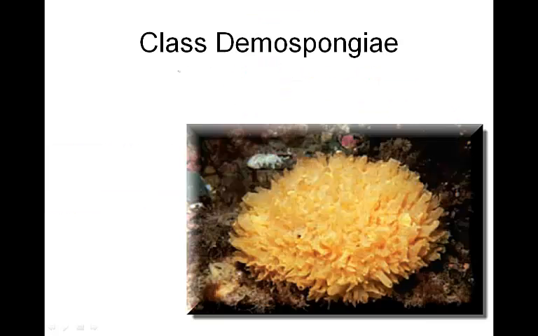Our second class of sponges, Demospongiae, can have a spicule skeleton made of silica or spongin, or both. The size varies, the color, texture, and shape varies, and even the type of symmetry.